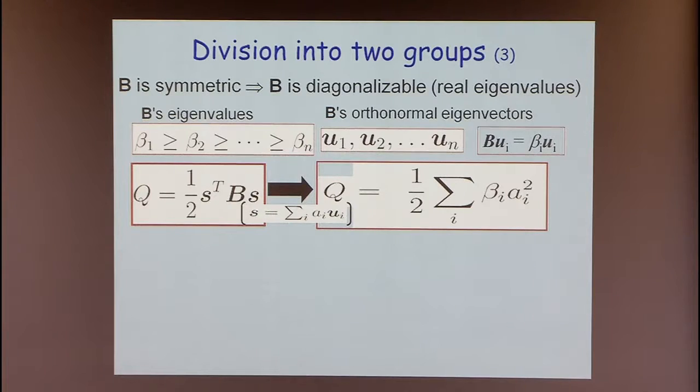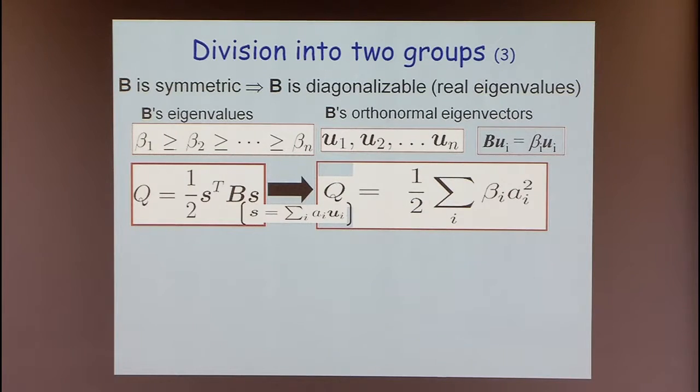So you start with S, your vector that divides your groups into +1 and -1. You can, of course, write it as a linear combination of the eigenvectors, and alpha i are just the scalars of this linear combination. Now you want to maximize this term.